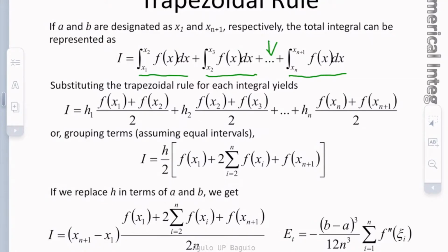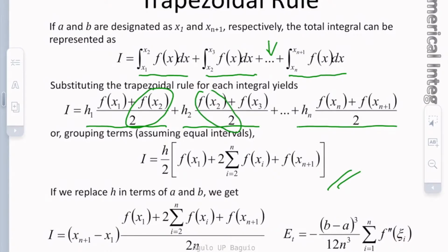Substituting the trapezoidal rule for each integral yields, so this is for the first term, this is for the second term, and this is for the nth term. Grouping similar terms, we'll end up with this expression. How do we do that? Notice that this term and this term are the same.